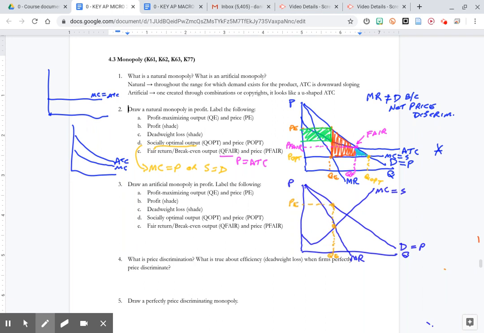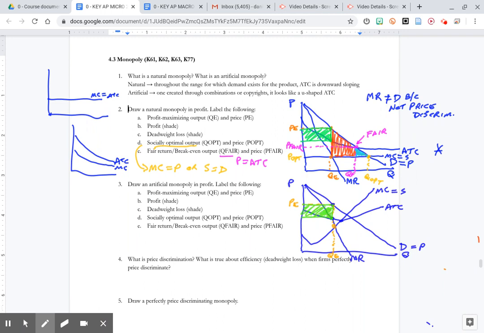So notice they charge too high of a price, and they don't produce socially optimal still, because socially optimal is, again, where the supply and demand intercept. But at this point, we need our other curve on here. So I'm just going to put in here the ATC, and the ATC has to be below the price at this quantity. So we'll say it's there, ATC. And so the price being above the ATC tells us that the firm's earning a profit. So just like before.